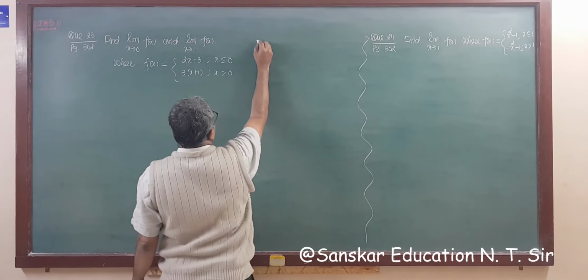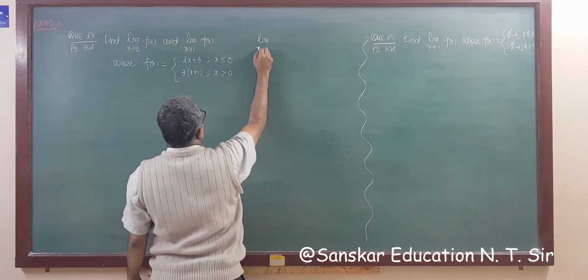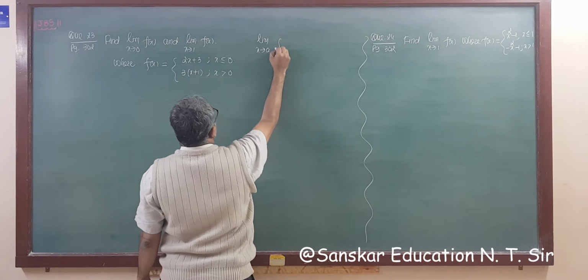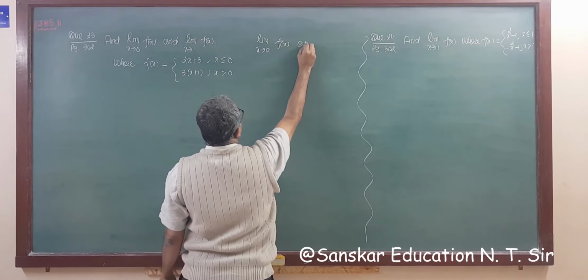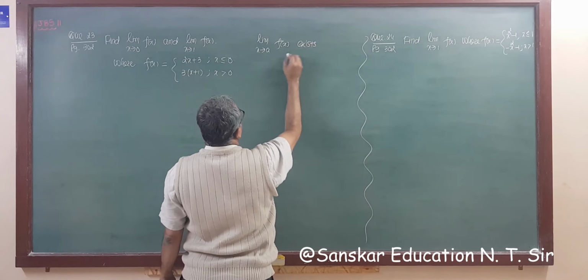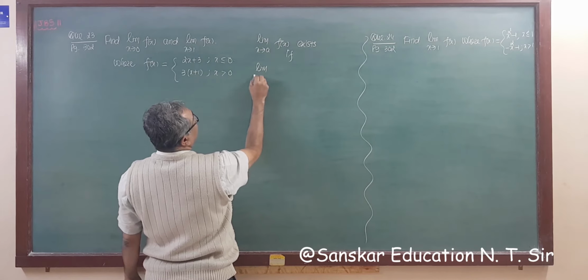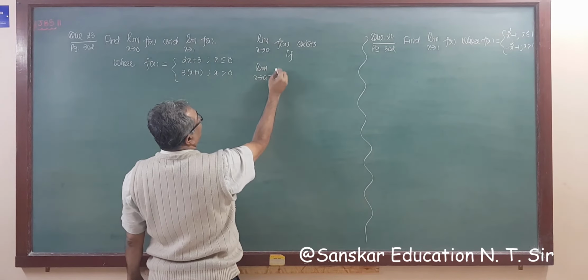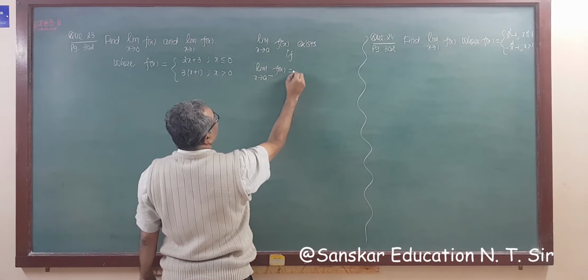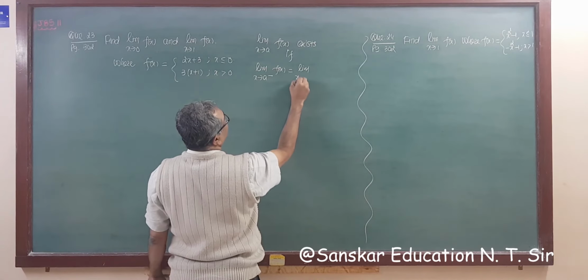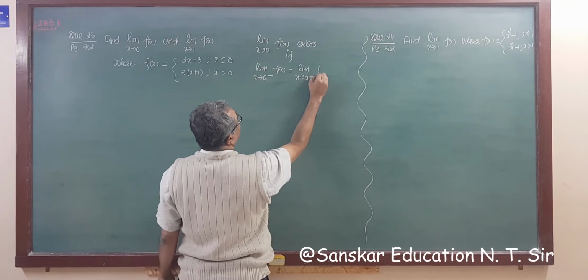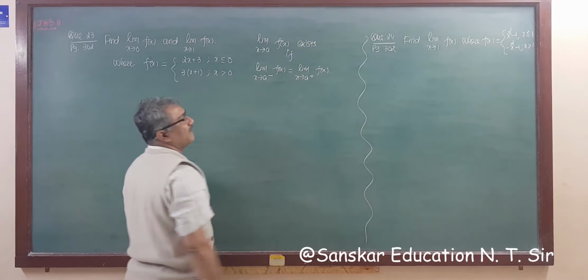So limit x tends to a, f(x) exists if limit x tends to a from left f(x) is equal to limit x tends to a from right f(x). Both are equal.